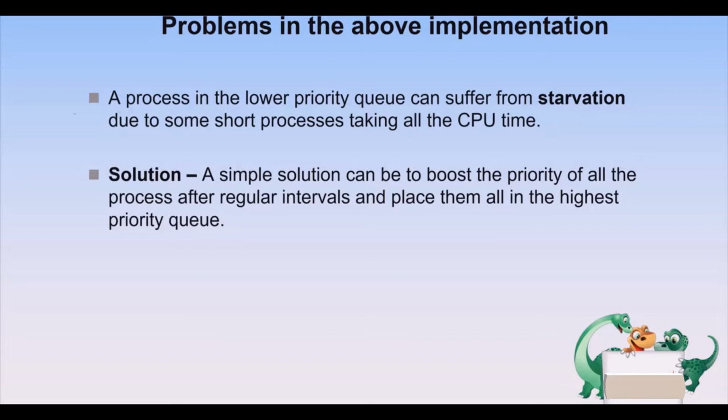So multi-level feedback queuing runs a process for a time quantum, and then it can change its priority if it is a long process. Thus it learns from the past behavior of the process and predicts its future behavior. This way, it tries to run shorter processes first, optimizing the turnaround time. Multi-level feedback queuing also reduces the response time.